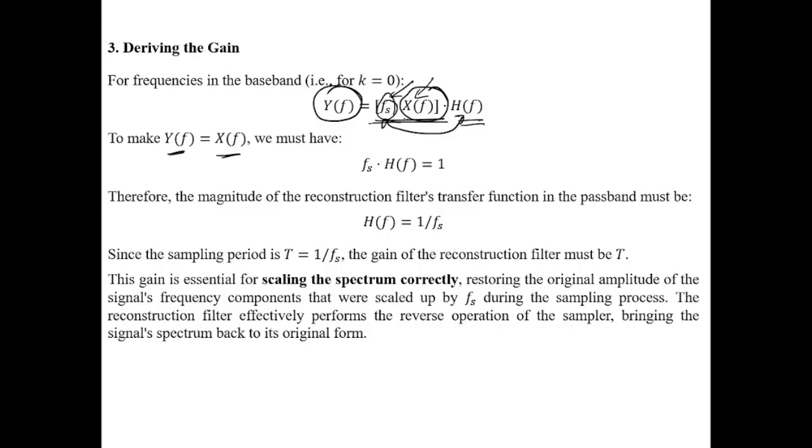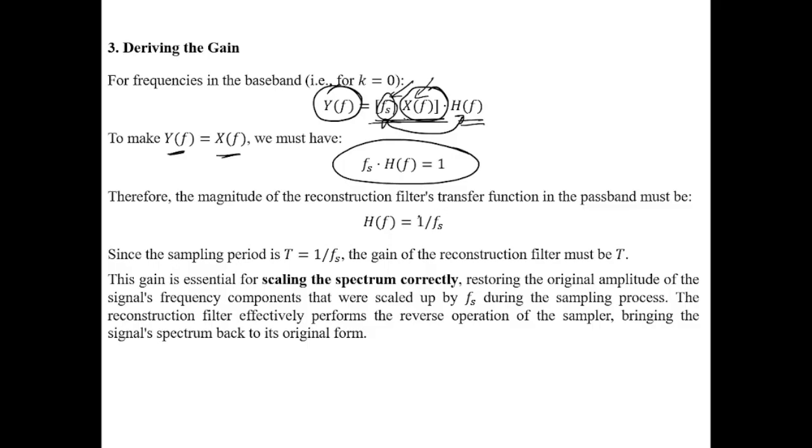Filter does not mean that you want to apply some gain. It is just removing or suppressing some frequency components. So your input and output should be the same. Since they should be the same, we have to keep f_s times H(f) equal to 1.